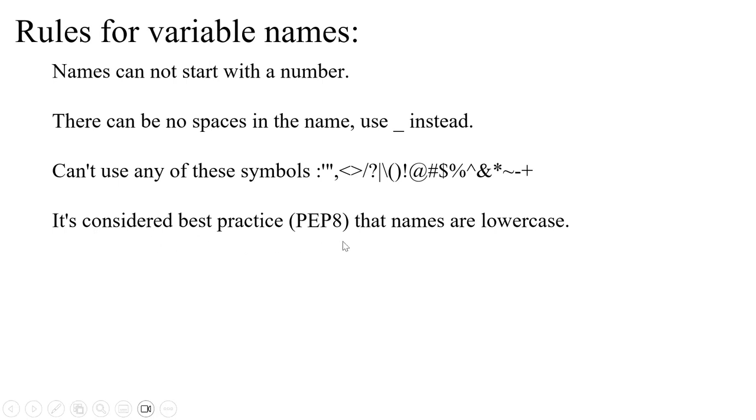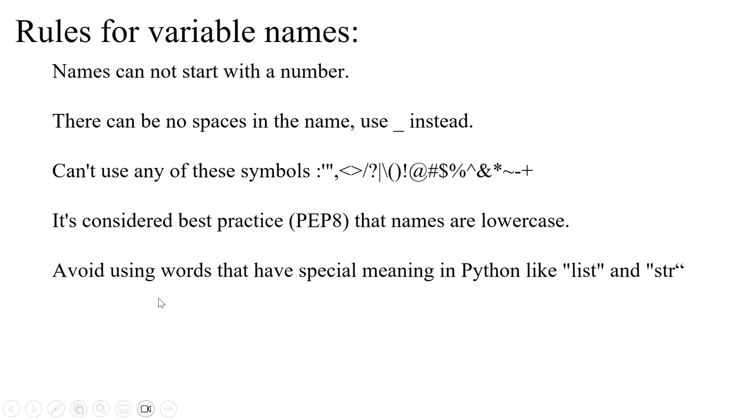And the recommended practice is, whenever you are defining variables, lowercase is recommended. So define the variable names in lowercase. And avoid using words that have a special meaning in Python, like list or from. If you have any keywords, don't define variable names with them.